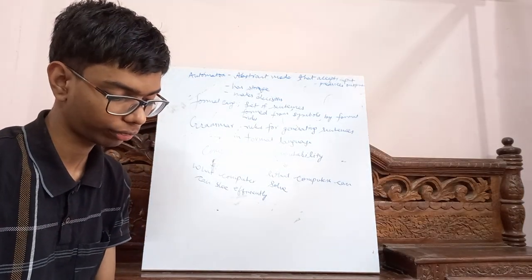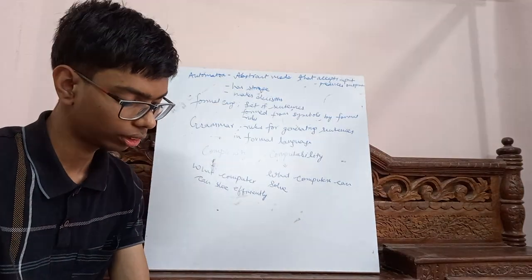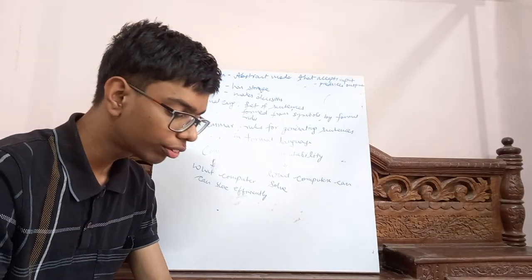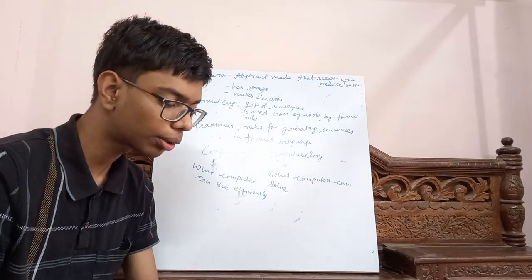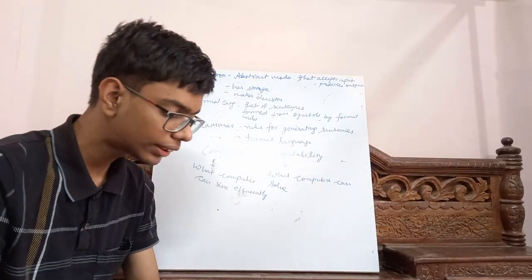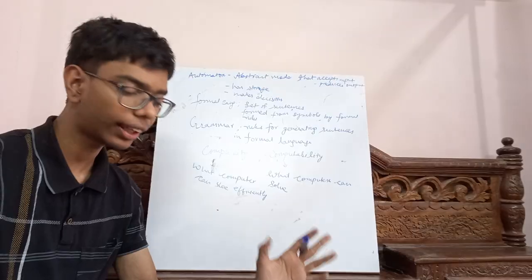Now, before going to the next stuff, we need to make sure everyone is comfortable with some mathematical tools. So, what is a set? A set is a collection of distinct elements.